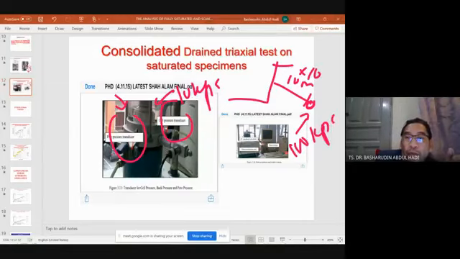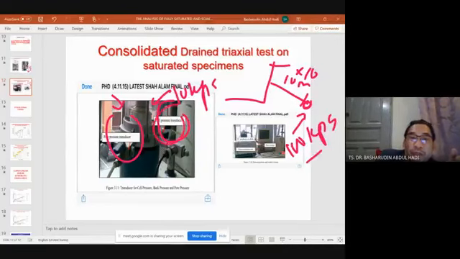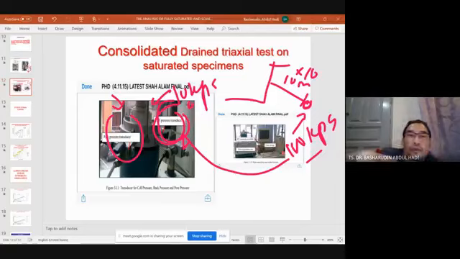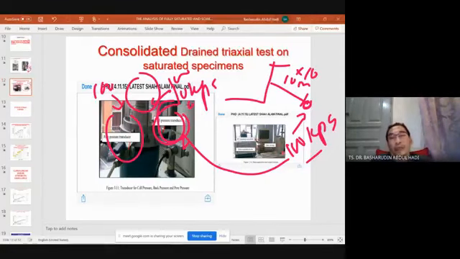So how do we apply the 100 kPa? We control the cell pressure at 100 kPa, so the triaxial pressure around the soil sample is 100 kPa, as if the soil sits under a 10-meter slope. This is about cell pressure and pore pressure.